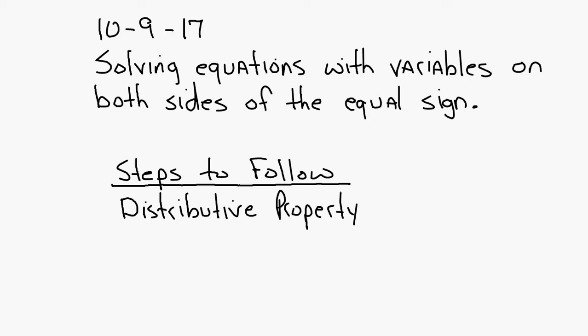Now, in parentheses over here, put "if needed," because you may not need to do the distributive property, but it's going to be the first thing that you need to check on each problem.